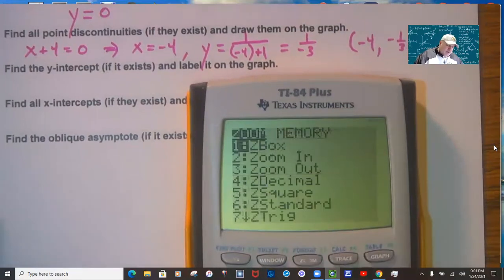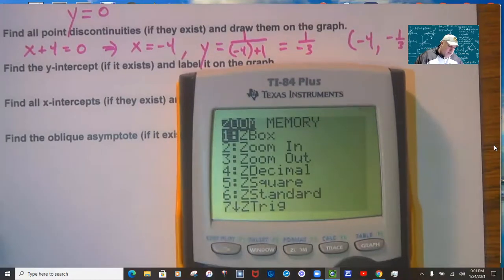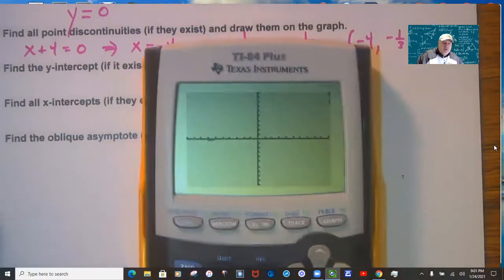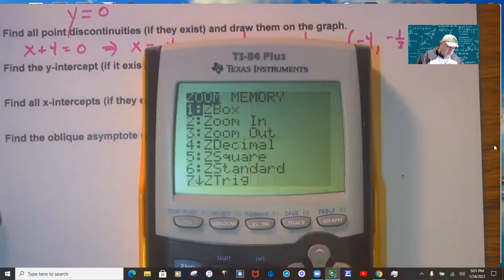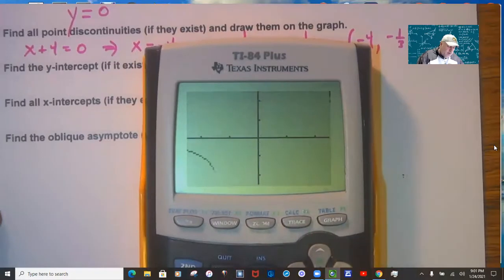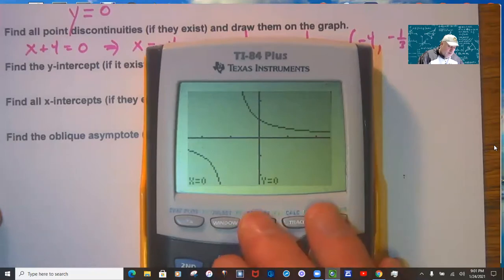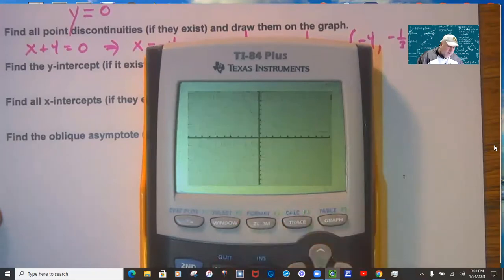I'm going to do zoom integer. Okay, so let's see it here. Right there, number 8, zoom 8. And maybe zoom in here one time. It will show it. Okay, not succeeding so well here. Usually it shows it.